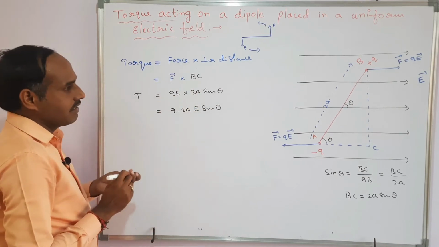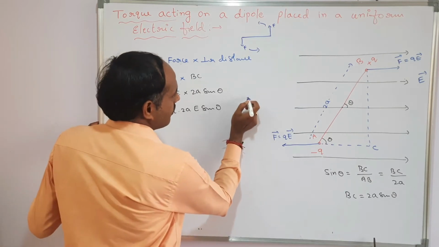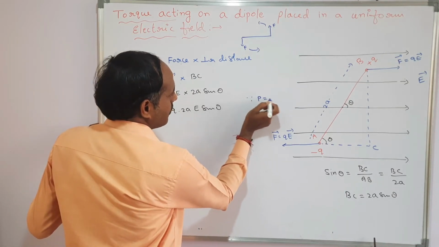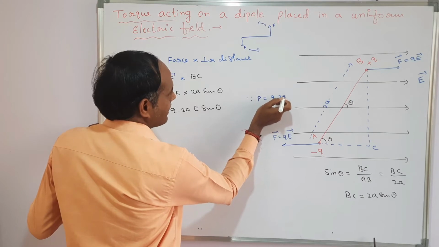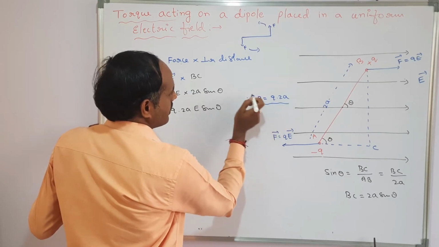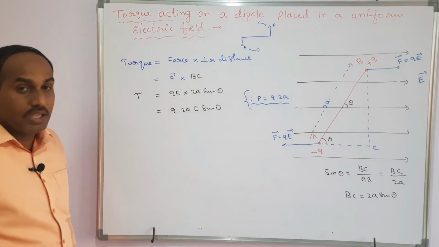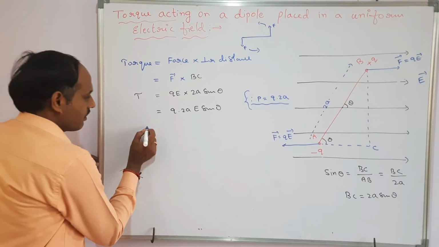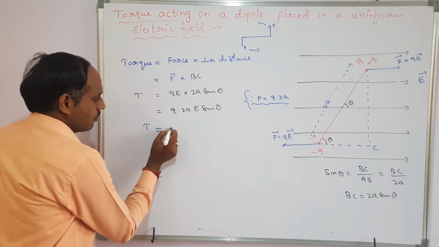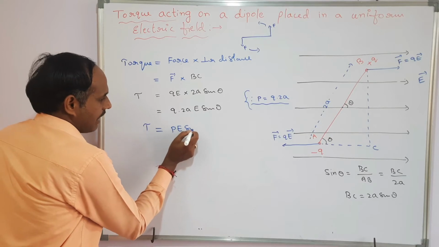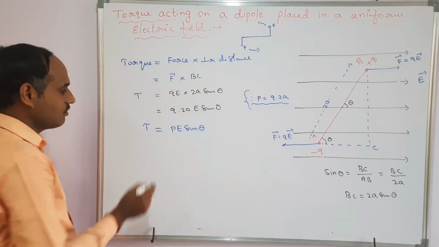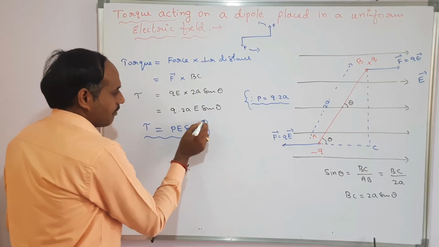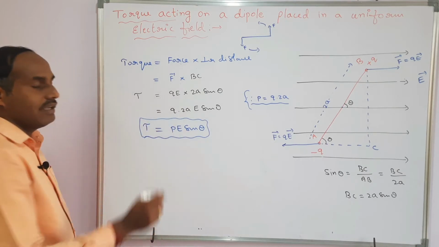The product of charge and the distance between the two charges in a dipole is the dipole moment p. Therefore tau is equal to p E sine theta. This is the expression for the magnitude of the torque acting on a dipole.